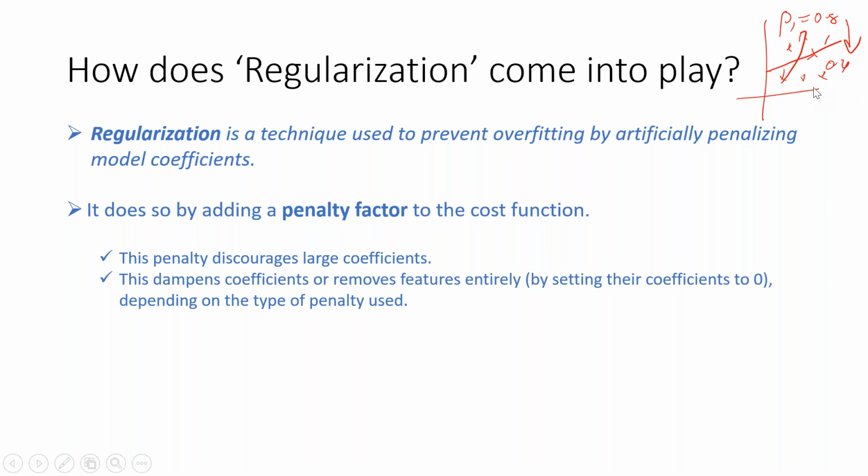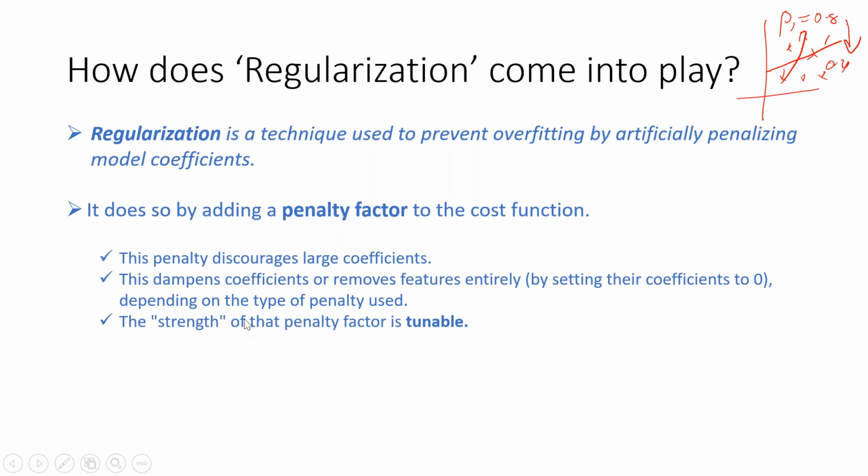The first one, making betas 0, is totally removing the feature. Making betas very small but not zero is dampening. Keep that in mind. So there are two types of penalties and we can choose between them. This penalty factor either dampens coefficients, or removes features entirely by setting their coefficients to 0, depending on the type of penalty we use.